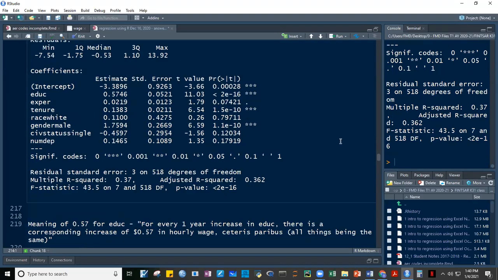Okay, so first, let's look at the overall goodness of fit. Dito muna tayo sa F-stat natin. Okay, so again, dito guys, F-stat 43.5. We learned in Excel how to compute for this. 7, what does 7 refer to? This is degree of freedom 1. This is the number of regressors, no? Pito kasing regressors natin: education, experience, tenure, yung mga dummy variables natin, yung race na white, gender na male, at saka civil status na single.